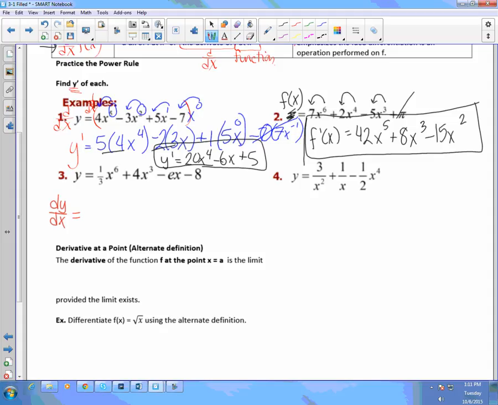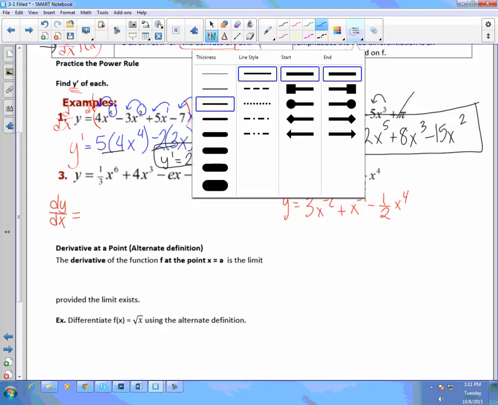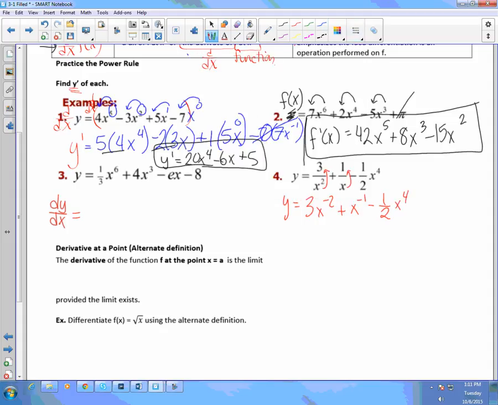This x squared, what happens if I bring it up? It'll be negative 2. So 3x to the negative 2, if I bring that x up, plus x to the negative 1, minus 1/2 x to the 4. Okay, multiply. Negative 2 times 3, negative 6. Now here's the hard part. We're going to decrease.